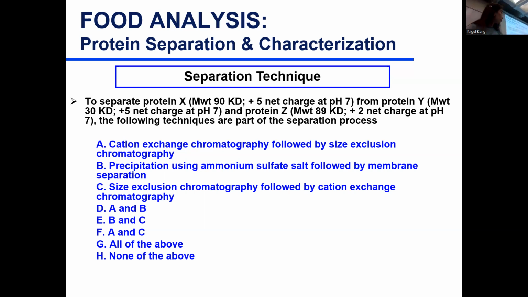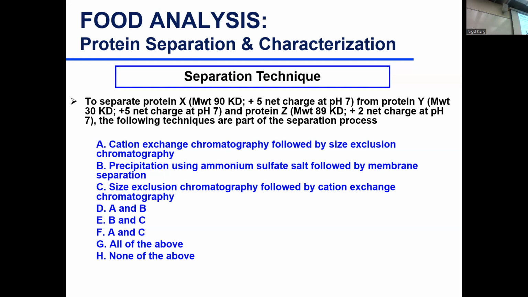Yeah, A and C. Any other idea? All of the above. Why?